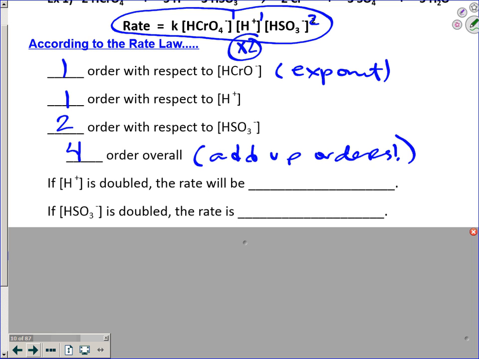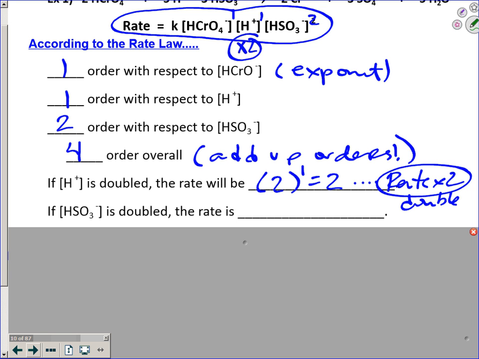So 2 to the first power is still 2, so then what happens to the rate? You're multiplying the rate by 2. It just doubles, right? That's easy to see because of the relationships between concentration and rate.